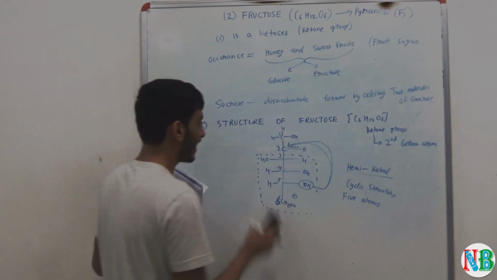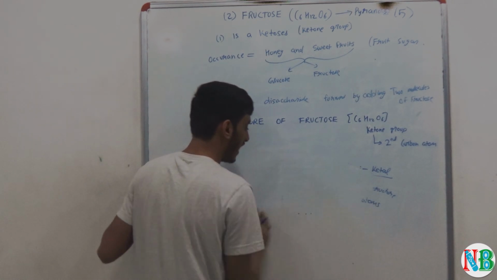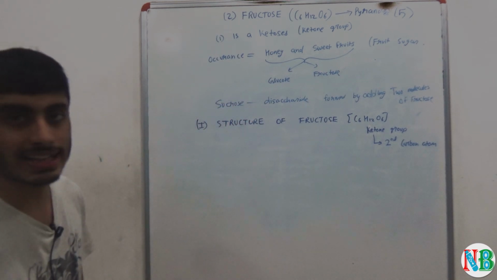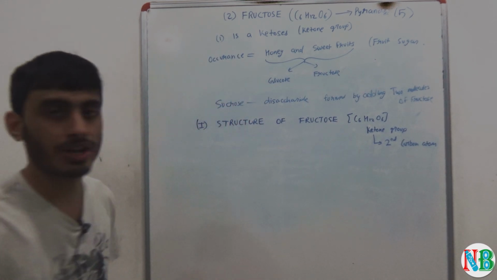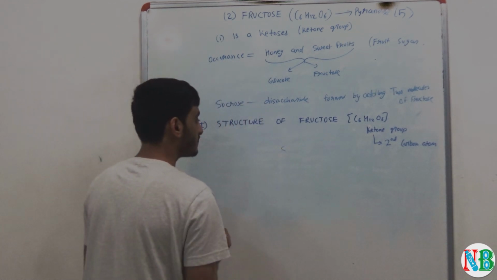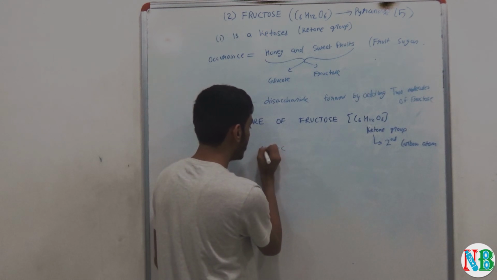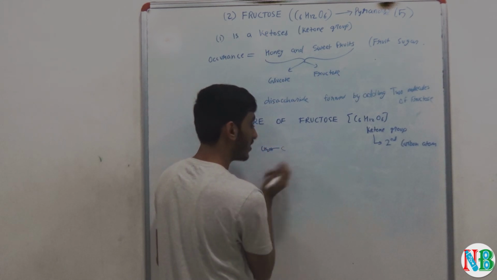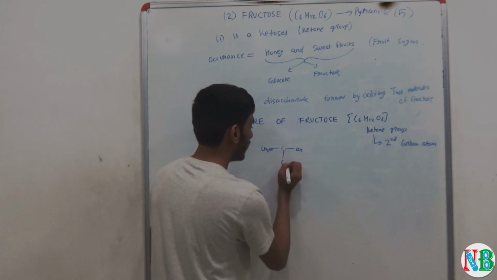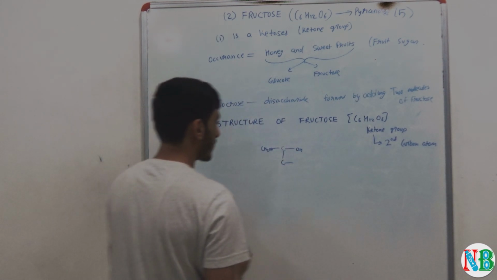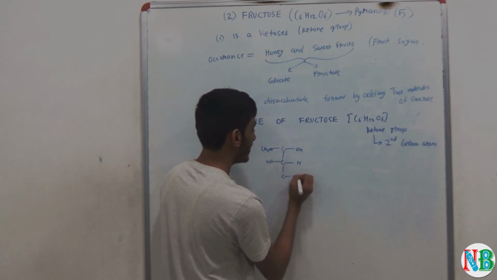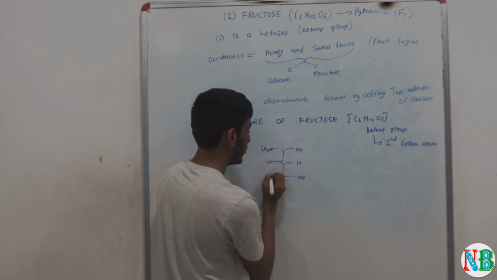So I'll erase it and draw the alpha form. In the case of alpha, you have to draw OH on the right. So you have a C atom, CH2OH on the left, OH on the right, then C with the OH on the left, then C with OH on the right, OH on the left.